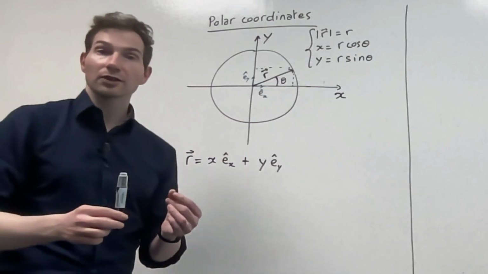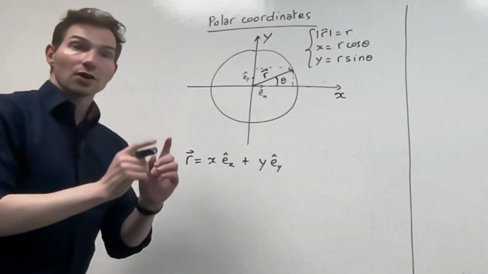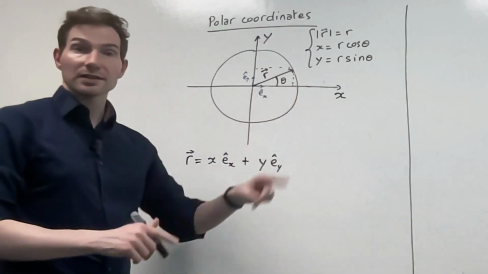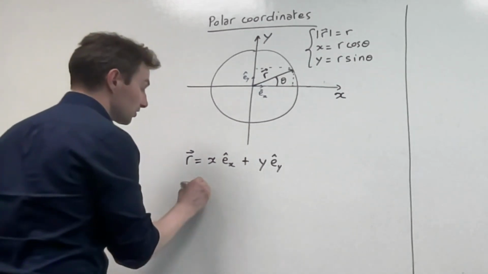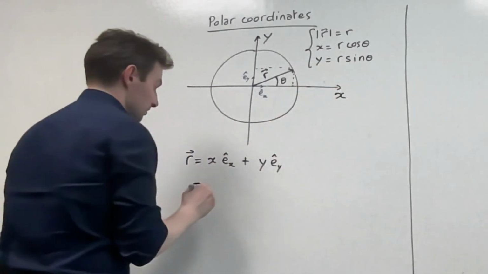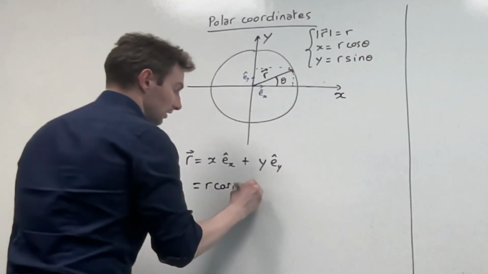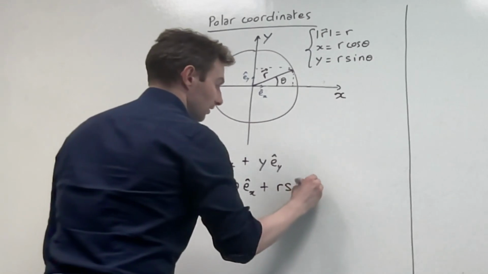So once you have that, what you can do is express the position vector in terms of polar coordinates, but in the Cartesian basis. If you do that, you simply substitute the expressions of x and y with these ones. So you're going to get r cosine theta ex plus r sine theta ey.